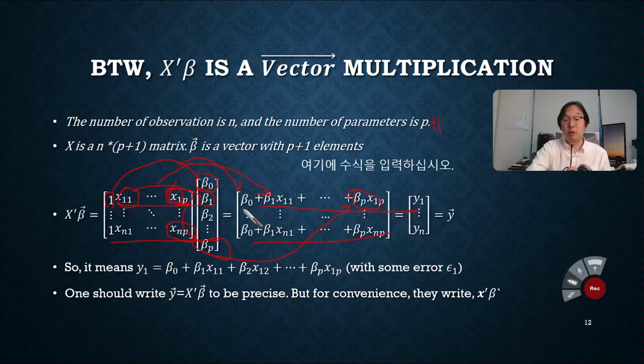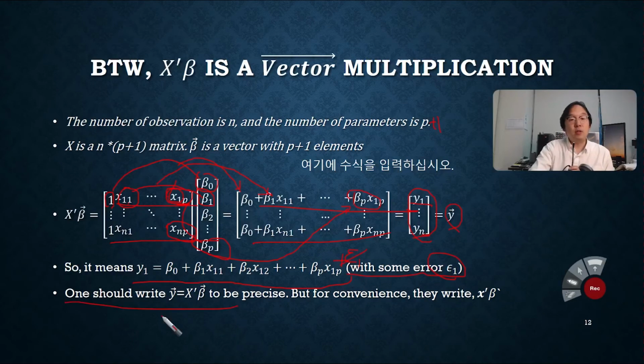So it's going to be n different observations corresponding to y1 all the way down to yn. We're going to call y1 through yn a column vector y, right? So y1 should be like this, with some error epsilon 1, but we omitted it.